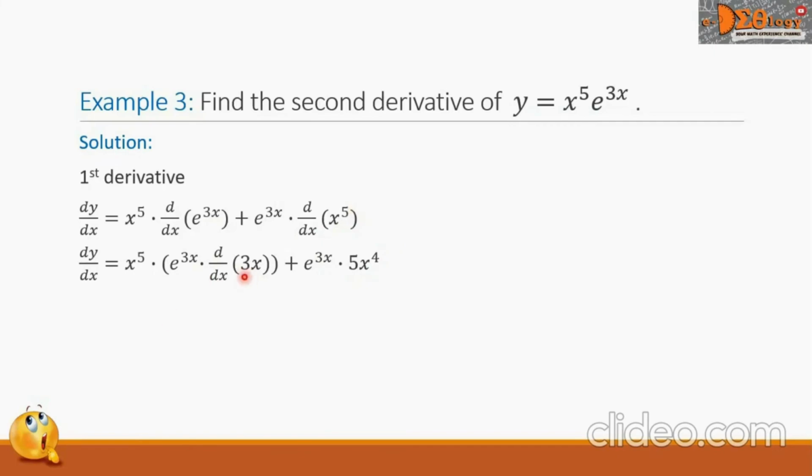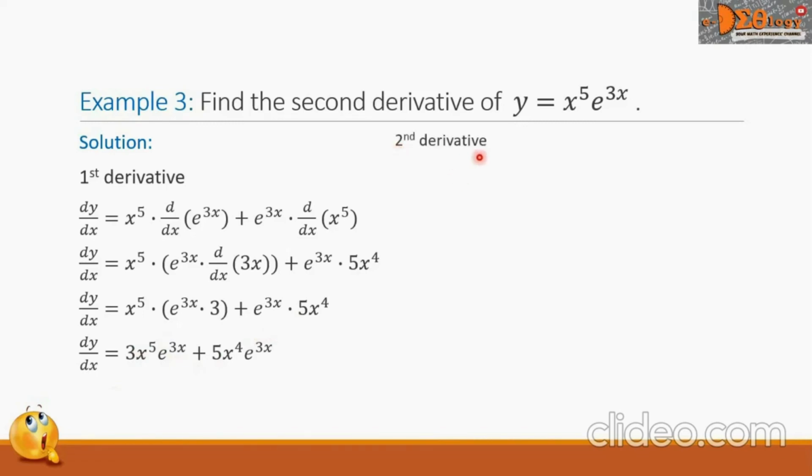Now, the derivative of 3x will be 3. When we simplify this line, the final answer for the first derivative will be 3x raised to 5 e raised to 3x plus 5x raised to 4 e raised to 3x.